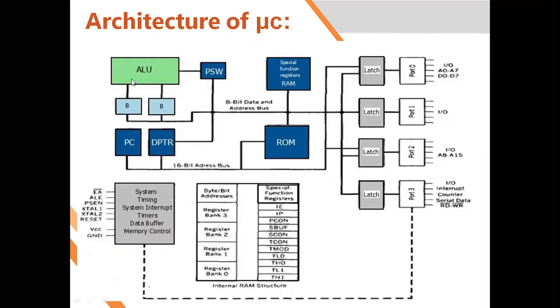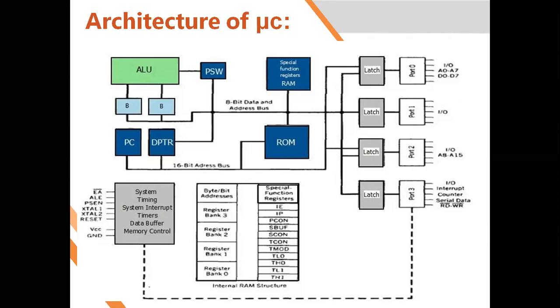Now see, the first one is the ALU. ALU is the main unit which performs arithmetic and logic operations. Its size is 8 bit, which is why the 8051 is called an 8 bit microcontroller. If your ALU is 16 bit, then your microcontroller is 16 bit. ALU stands for arithmetic and logic unit.